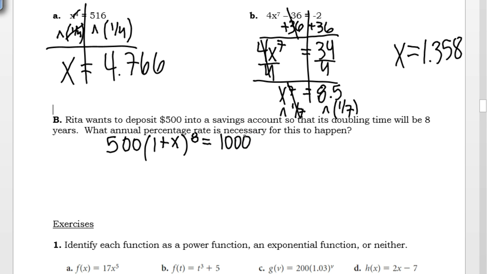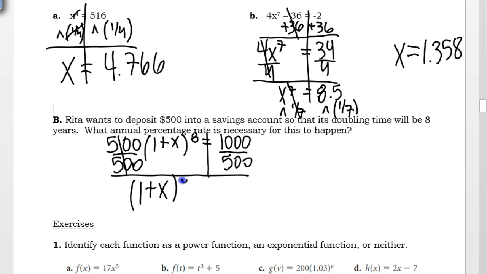So I'm thinking back to my percent change from last lesson. I need 1 plus the percent for my percent change. So we'll start by dividing both sides by 500. I'm going to undo the power 8 with power of 1/8.